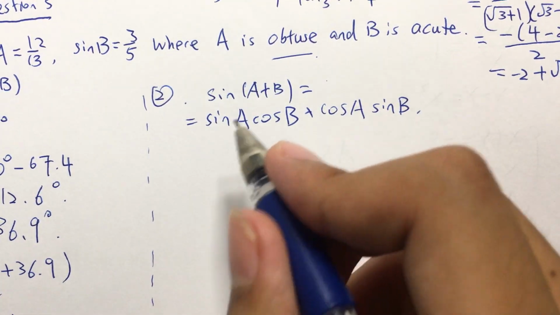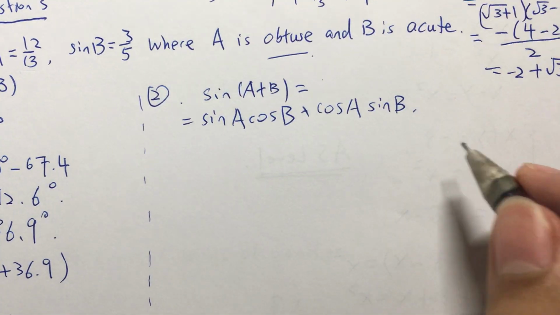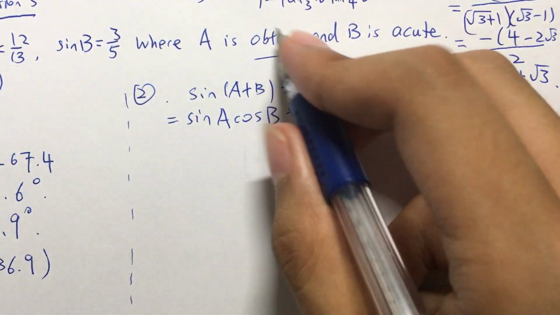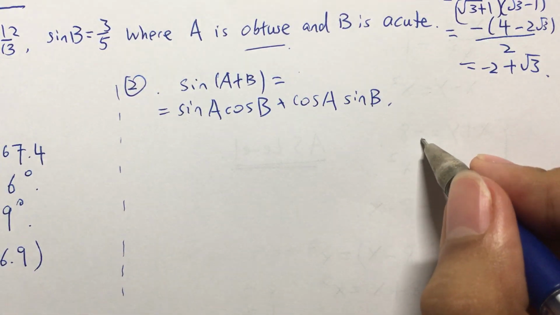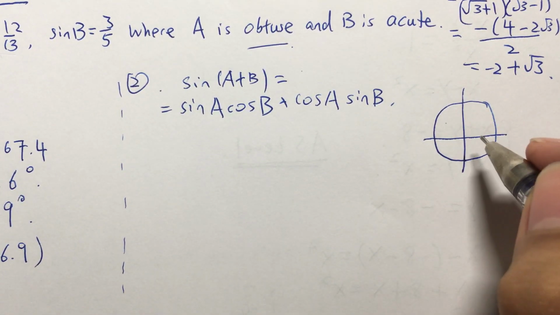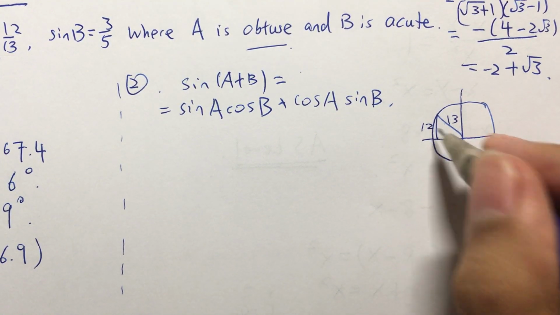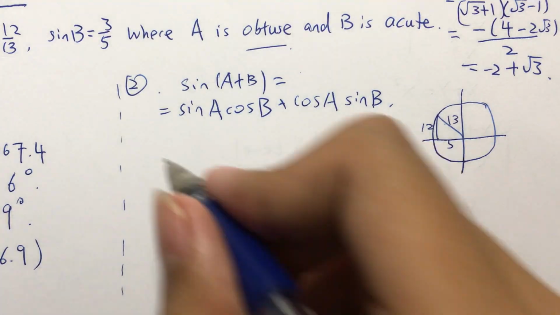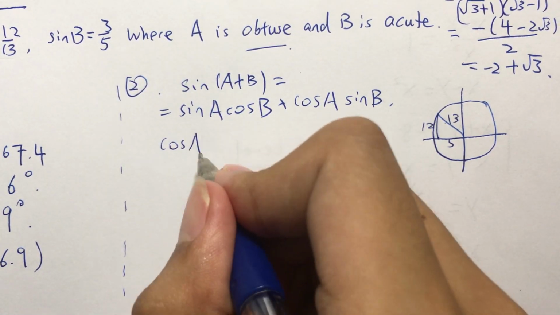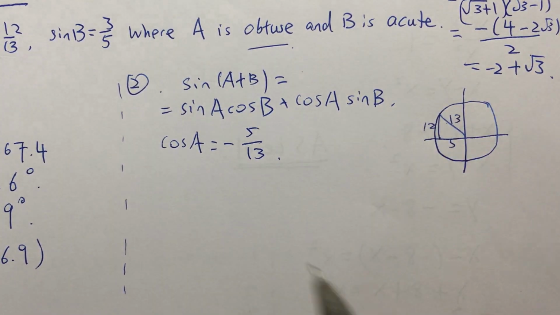And now, because we know sine A is equal to 12 over 13 and it's an obtuse angle, in the quadrant circle we know that it is in the second quadrant. And let's draw this triangle, where this is 13 and this is 12, which means this is 5. So we can get that cosine A is equal to negative 5 over 13.